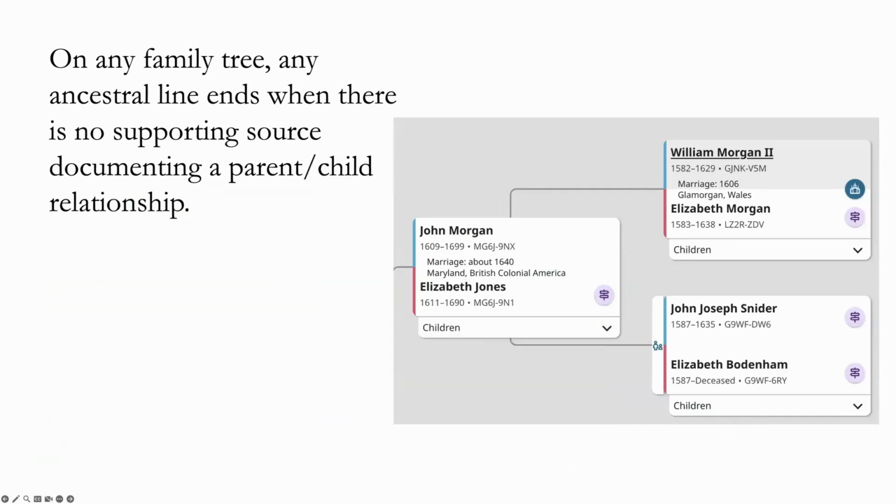So on any family tree, the ancestral line ends. This is the rule. It's a fundamental. It's not something like the rules I've used in the past many times. This is just the way it works in all genealogy, the foundation of genealogy.